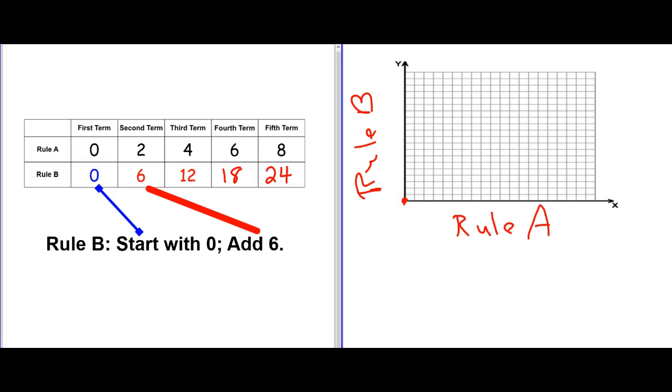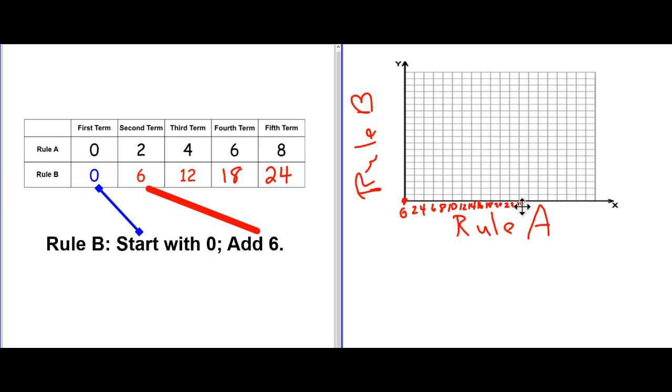Okay, and I need to come up with a scale here because I don't have a scale at this time. So I'm going to go and count by twos, I believe. So let's see. So this is 0, and I'm going to go 2, 4, 6, 8, 10, 12, 14, 16, 18, 20, 22, and 24.